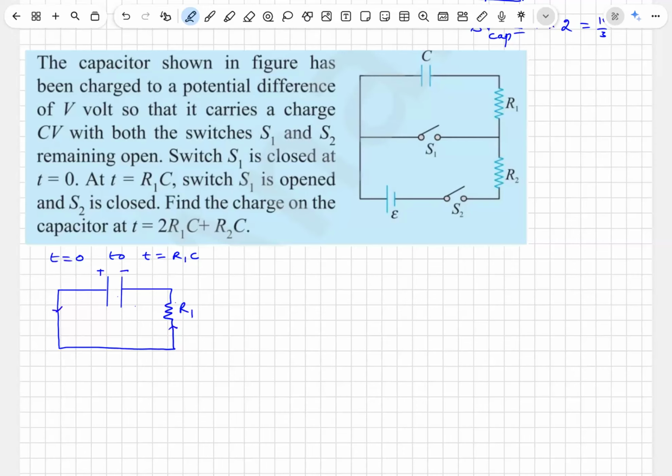Discharge happens like this. The time that they have given is one time constant, right? So now what happens to the charge on the capacitor?